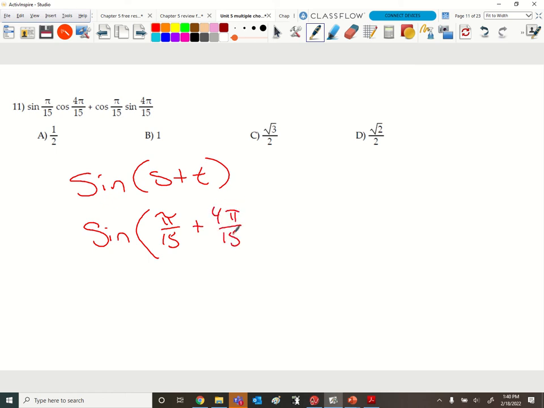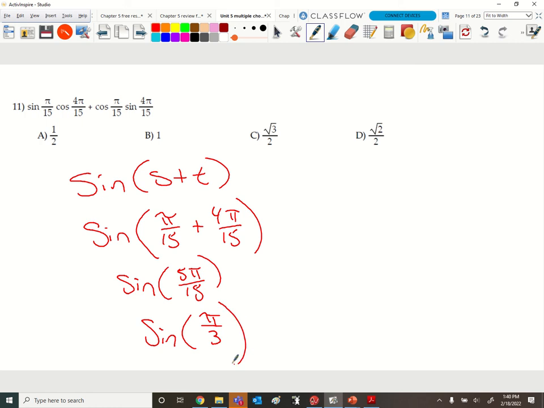sine of 5 pi over 15. That reduces to sine of, okay, what is sine at pi over 3 though?